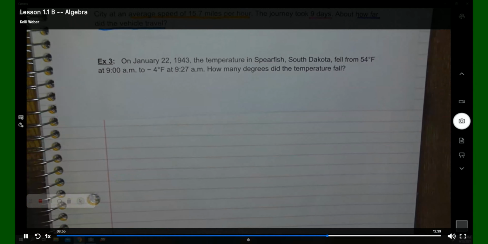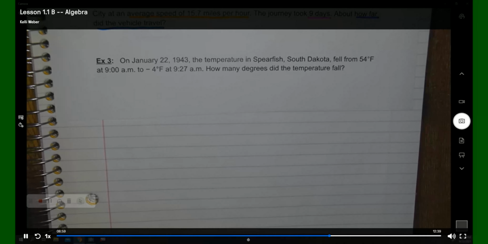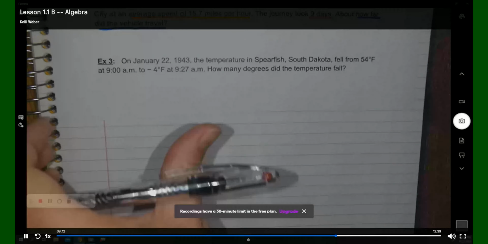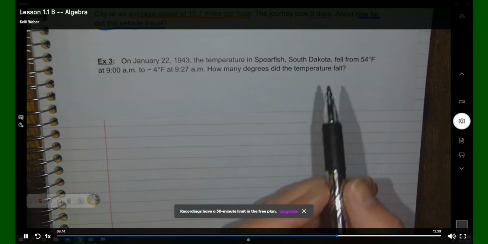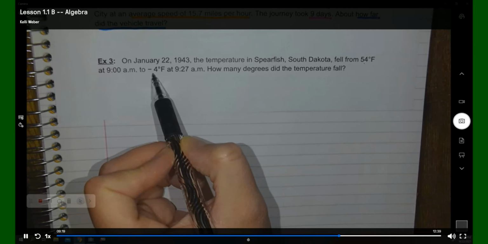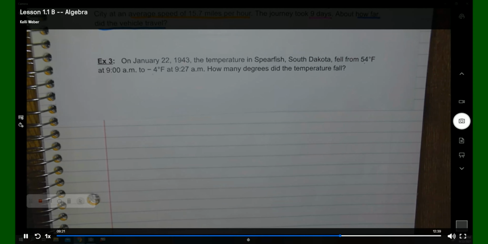Example 3 says, on January 22nd, 1943, the temperature in Spearfish, South Dakota fell from 54 degrees Fahrenheit at 9 a.m. to -4 degrees Fahrenheit at 9:27 a.m., how many degrees did the temperature fall? So it fell from 54 to -4.